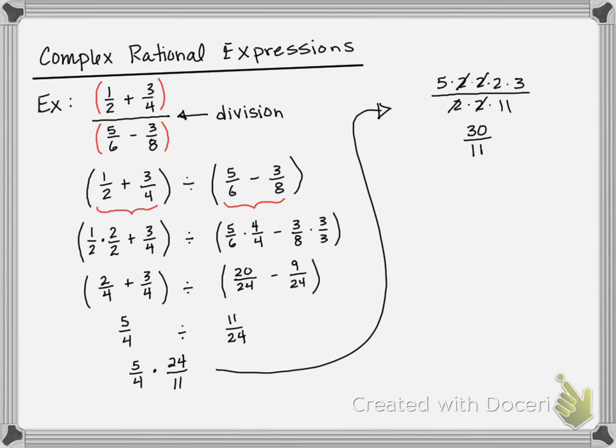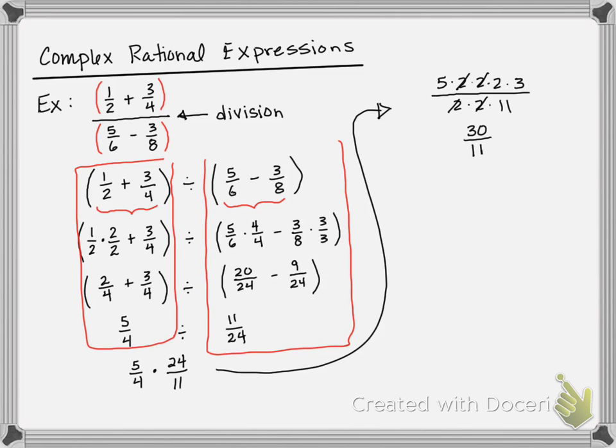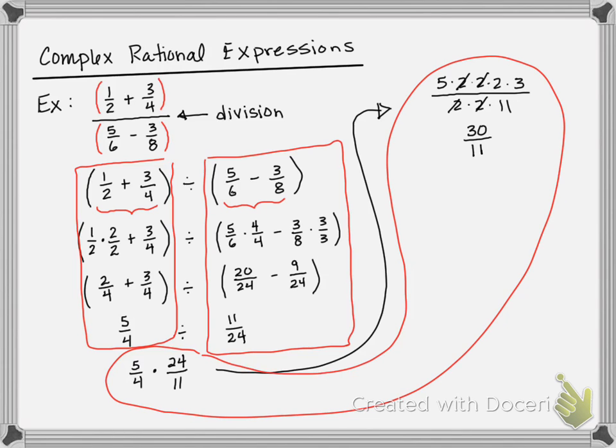So with rational expressions, we're going to take exactly the same approach. Our goal is to have a single polynomial in the numerator and a single polynomial in the denominator. And I kind of think of it as three separate problems. So the first problem being this one, the second being this one, and then the third is where I actually do the division.